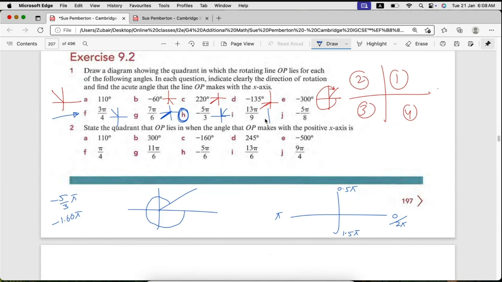Try I part. State the quadrant number. So that's in the second quadrant.